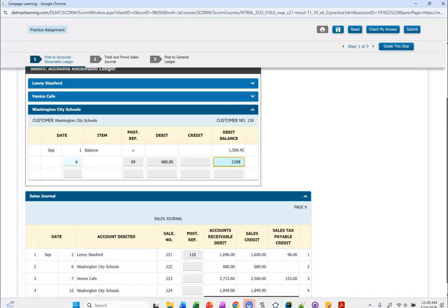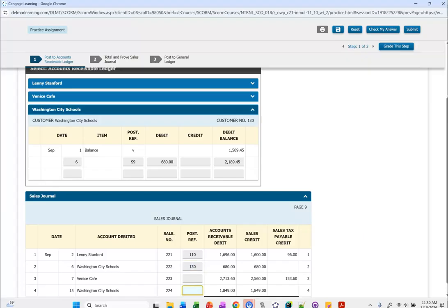Do this mental math here. I think I did that right. Did anybody want to check that? Is it 2189.45? Yes! Mental math for the win. As long as I'm in Washington City Schools, I have to record my post reference here though. Almost forgot to do that, 130.